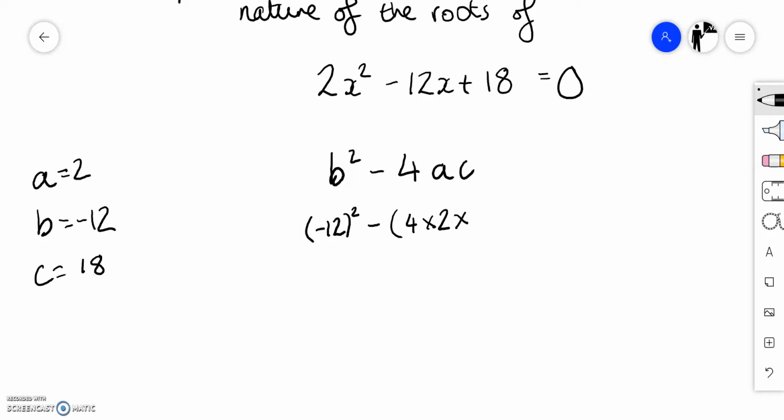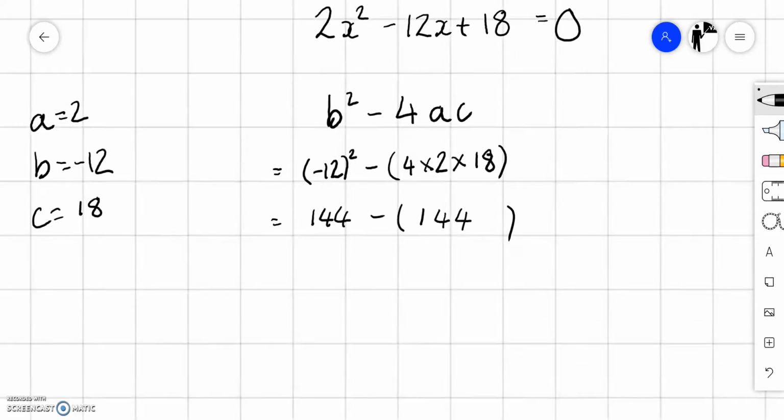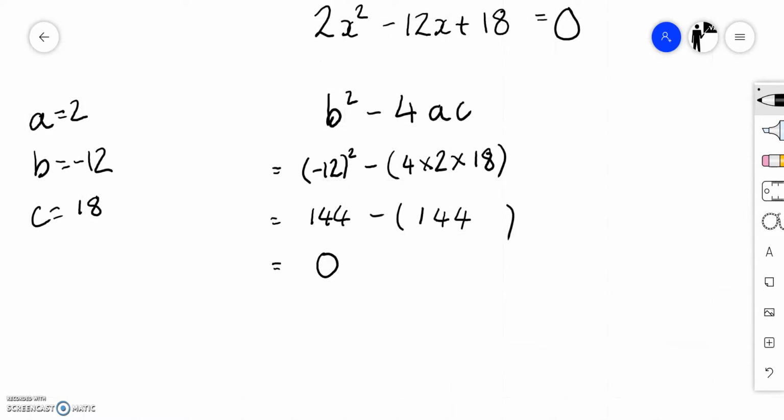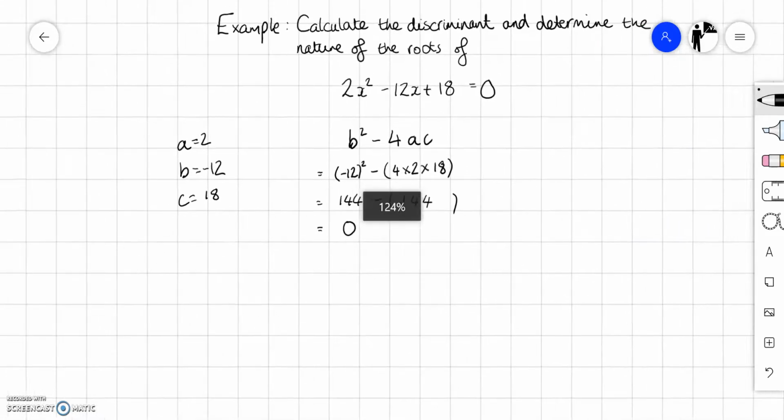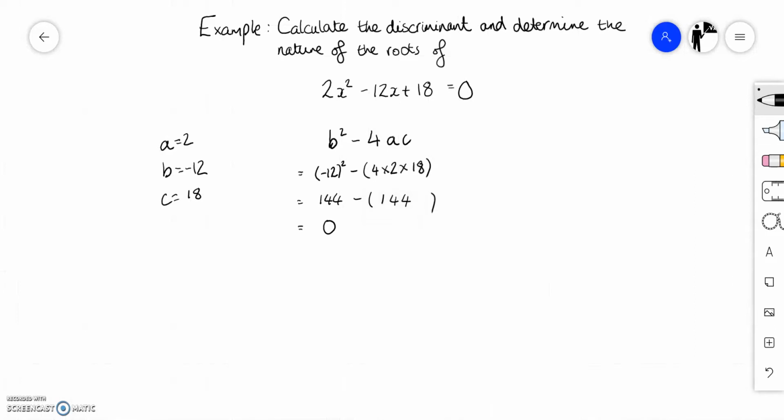So minus 12 squared minus 4 times 2 times 18. So that's going to be 144 subtract 144. And when we figure that out, we get 0. So in this instance, we've worked out the discriminant, and the answer is 0.